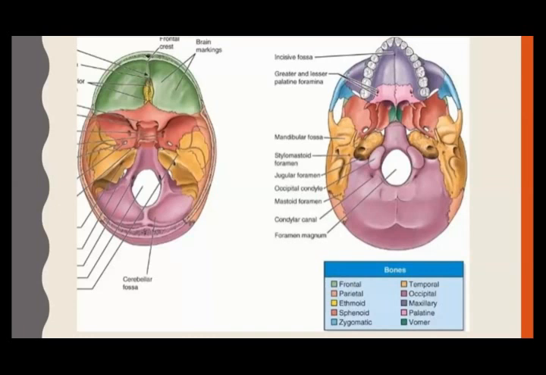These two are called pterygoid plates. Medial pterygoid plate, lateral pterygoid plate.